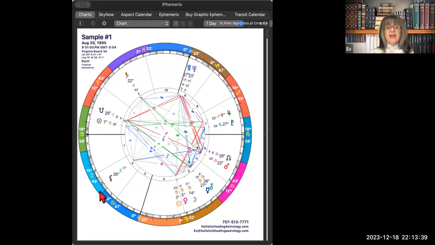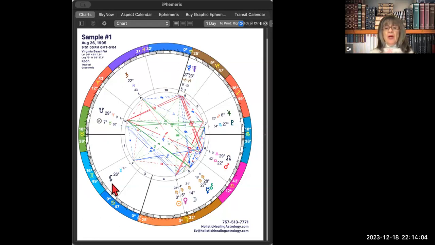If you divide 360 degrees in a circle by 12 signs, you get 30 degrees. So each sign is definitely 30 degrees, but each house varies. That's a whole other story.